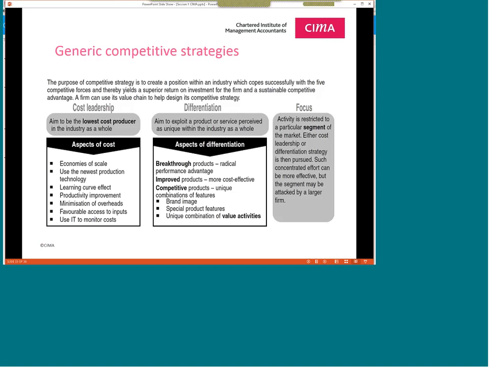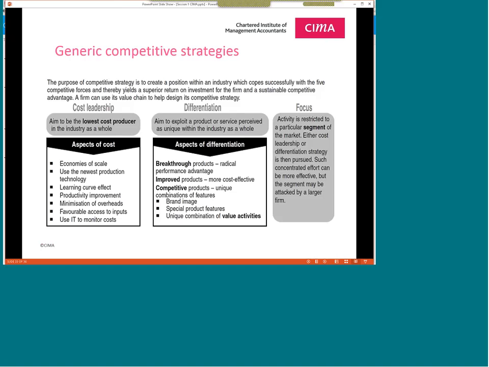So what is the main theory behind the generic competitive strategies? What's Porter trying to say when he created the strategy in terms of why customers buy your good? So what is the competitive advantage over your competitors?